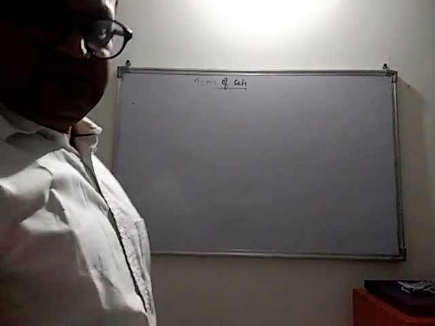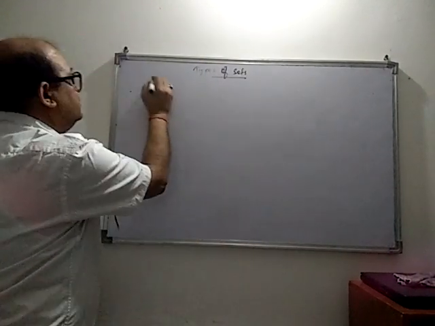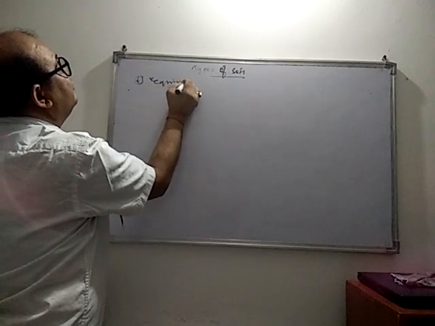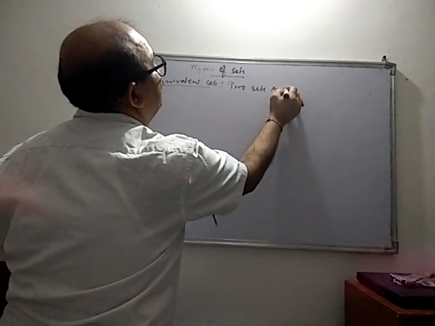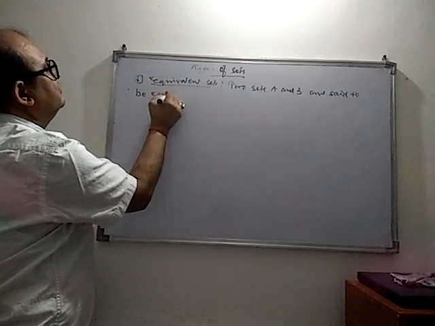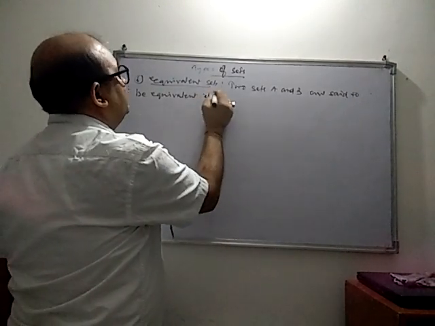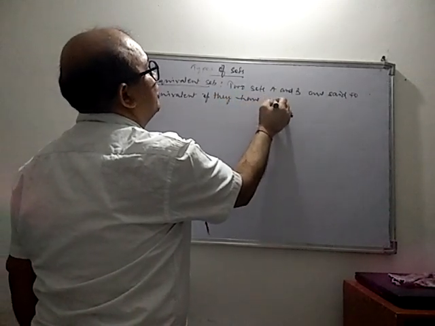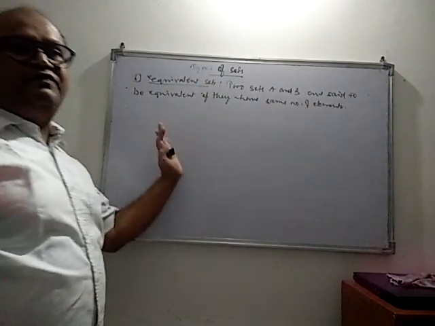Now, equivalent sets. Two finite sets A and B are said to be equivalent if they have the same number of elements, irrespective of the positions of elements.